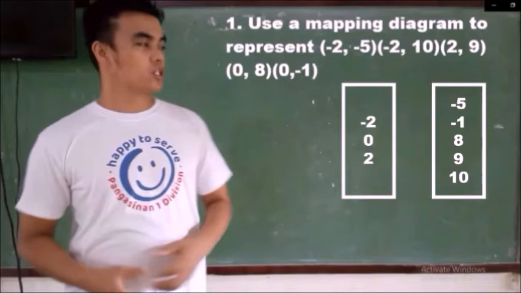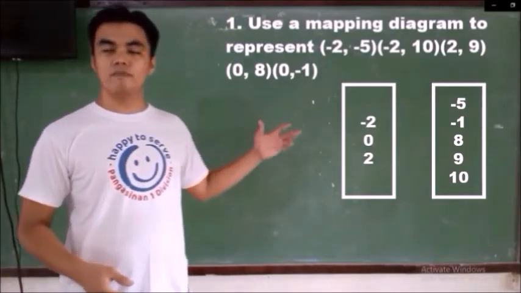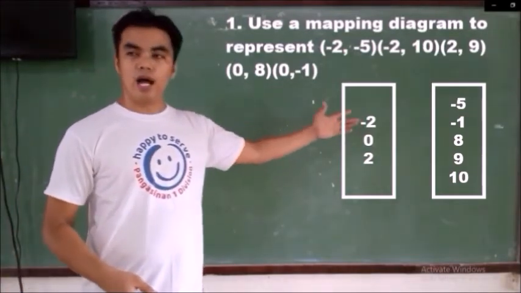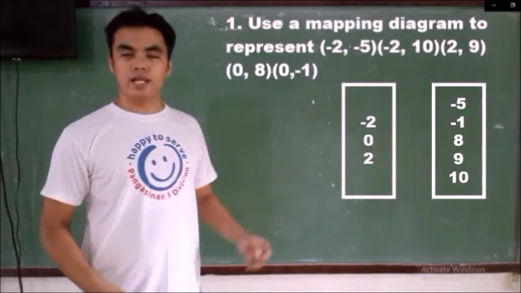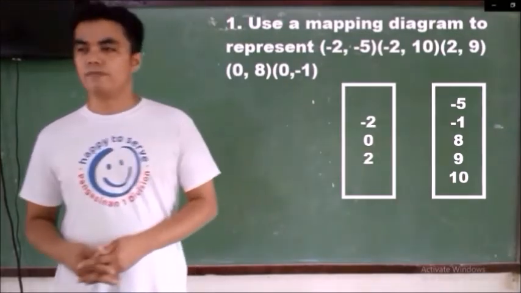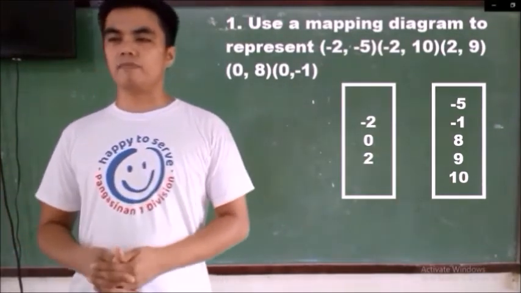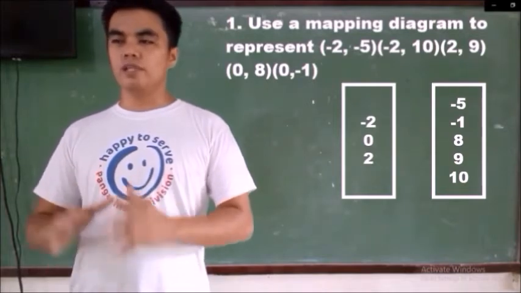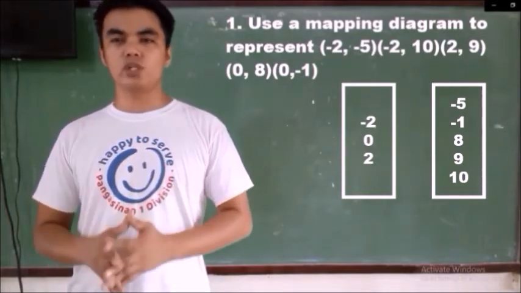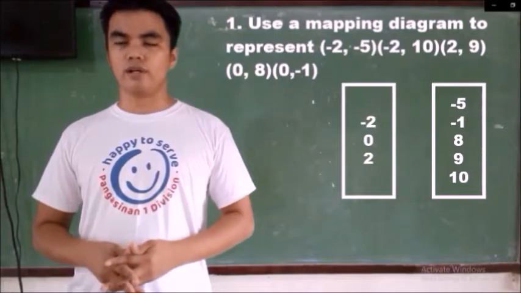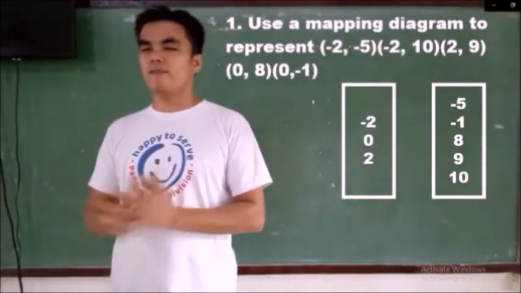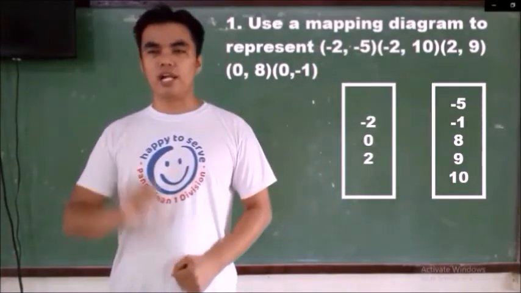This is our range. So we will use a mapping diagram to write down our domain and our range. Alright, so from this mapping diagram, we will be able to know if this is a plain relation or it is a function. Alright, so let us pair the domain to the range.